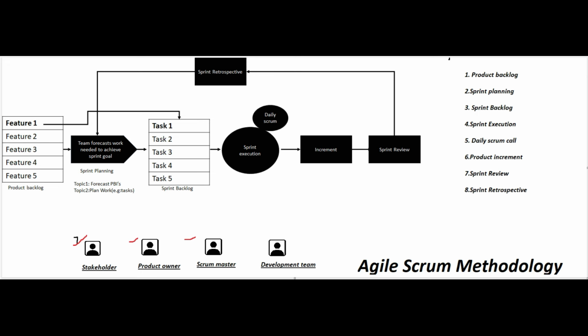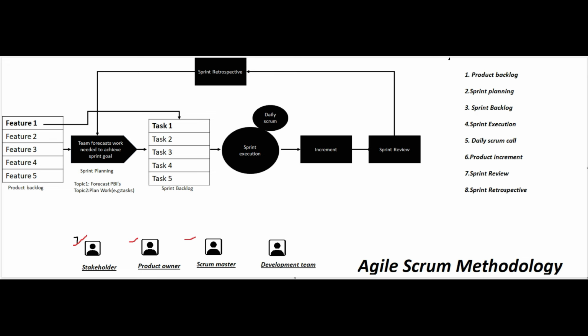So now we talk about who the actors are in the Scrum process. One, stakeholder; second, product owner; third, Scrum master; and fourth, development team. So now we talk about who the stakeholder is. A stakeholder might be an individual person or group of people who are impacted by the outcome of the product.